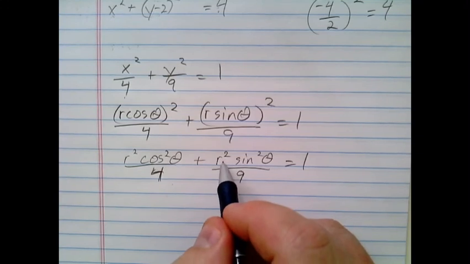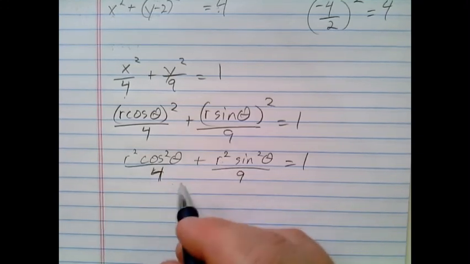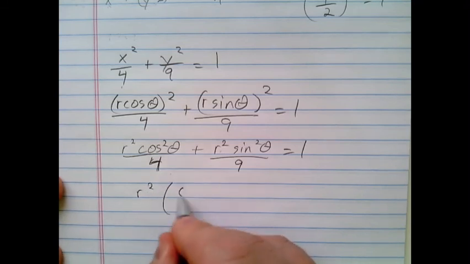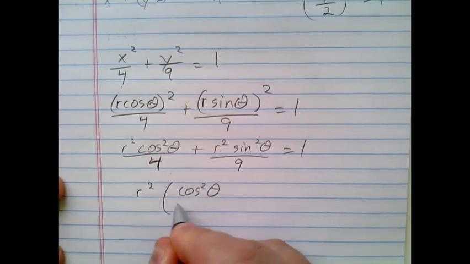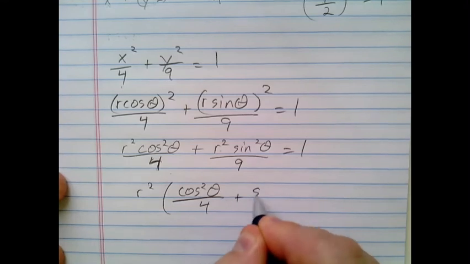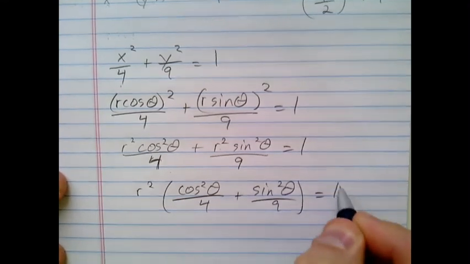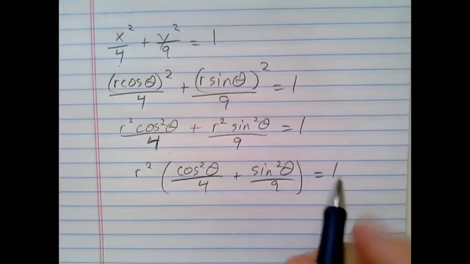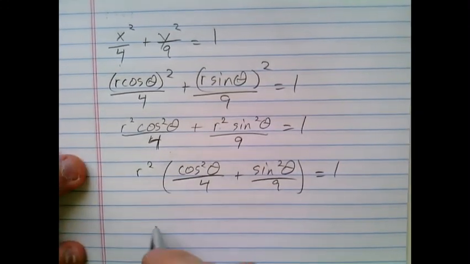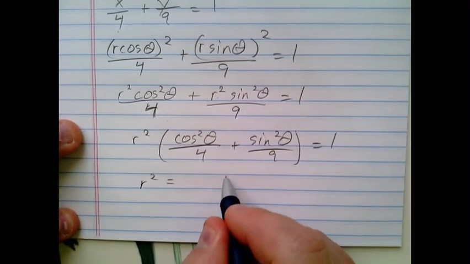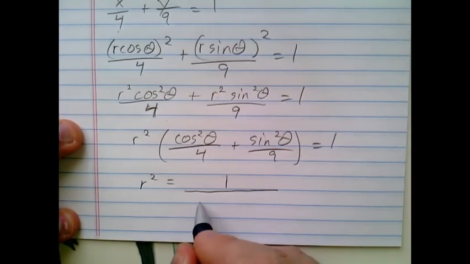Well, since I want to solve for r, I'm just going to factor that out. R squared times cosine squared theta over 4 plus sine squared theta over 9 equals 1. And then I guess I'll just divide to get the r squared by itself. So r squared equals 1 over all that stuff.